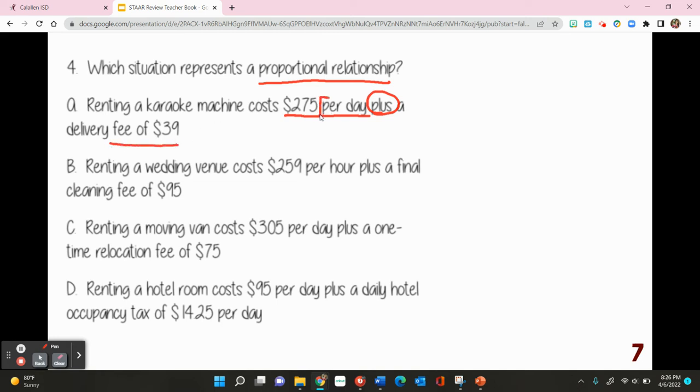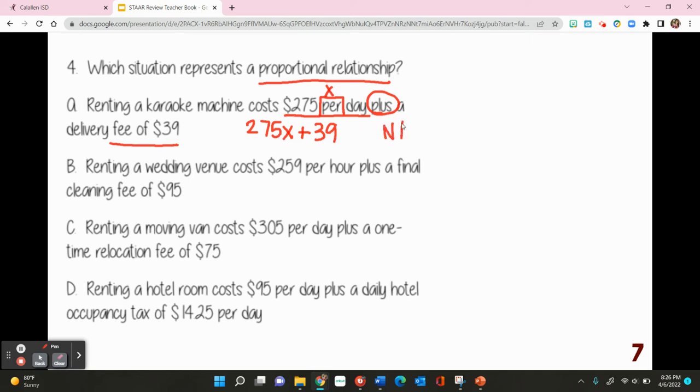So remember, words like per, each, every, those are words that indicate X. So I have 2.75x. This word plus means I'm adding a delivery fee of $39. Here, they're not charging a delivery fee of $39 per day. It's just they're renting the karaoke machine for $2.75 per day. So here, these two values cannot be combined.